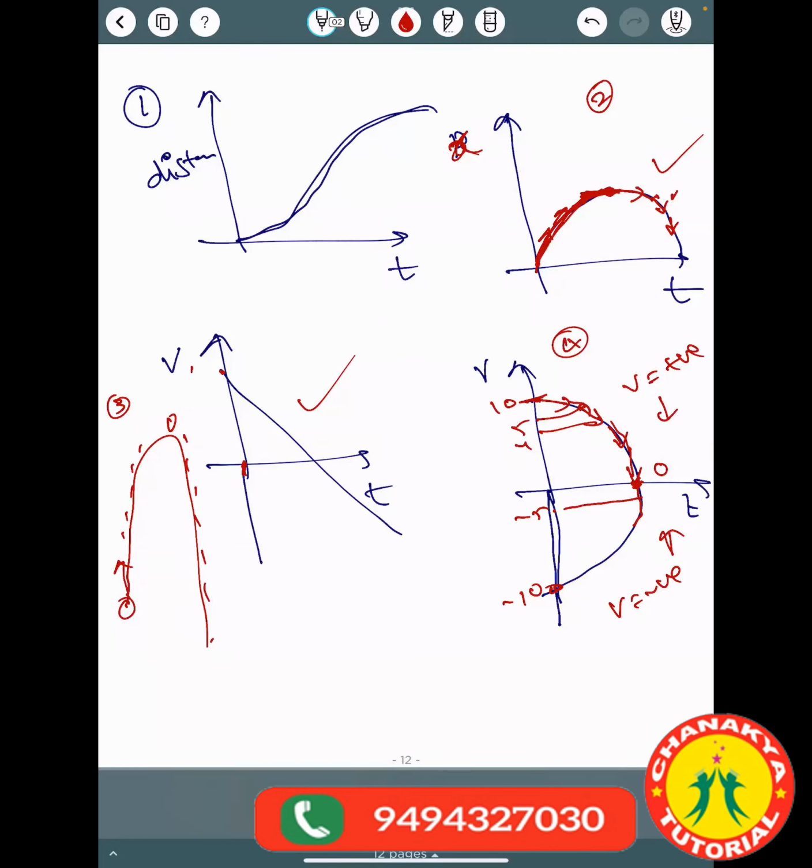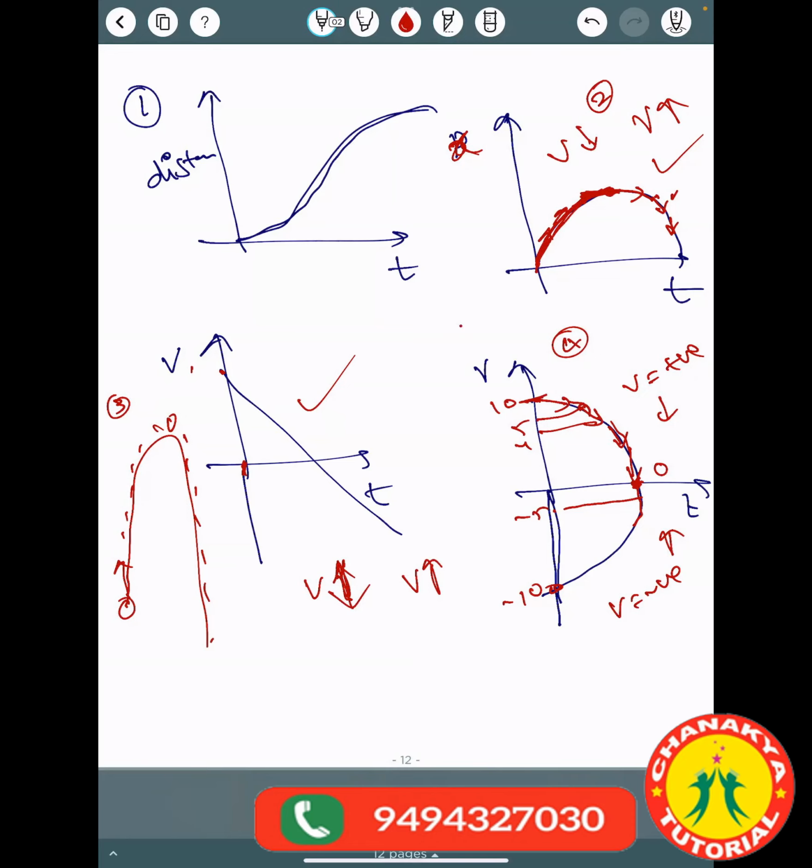In this graph, velocity was sometimes increasing, then decreasing, then after some time increasing. Correct? Here also the velocity was decreasing for some time, then velocity was increasing. All these graphs 1, 2, 3 and 4 are representing that the velocity for some time is increasing, for some time it is decreasing. Correct? But in first option, what is it doing?